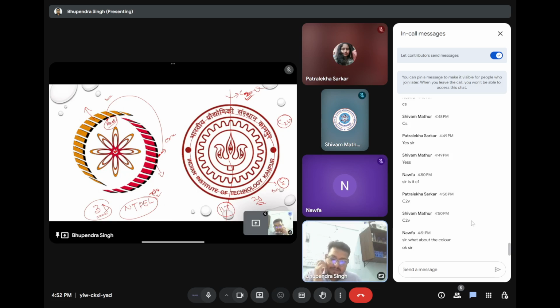Okay, C2V. Is it really C2V, or is it C sigma H? Okay, tell me. There is a plane present. Maybe there are one or two planes there. But tell me which plane are you able to see?